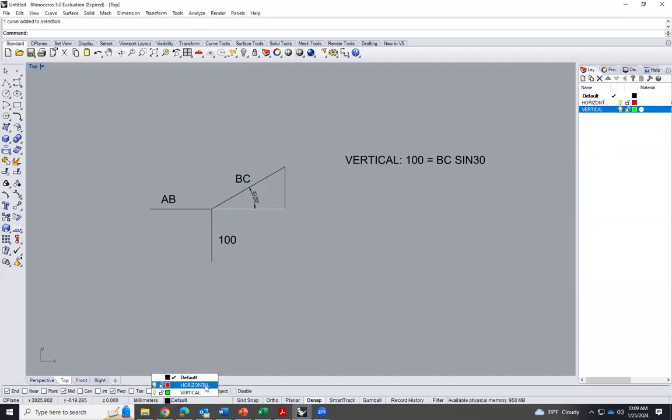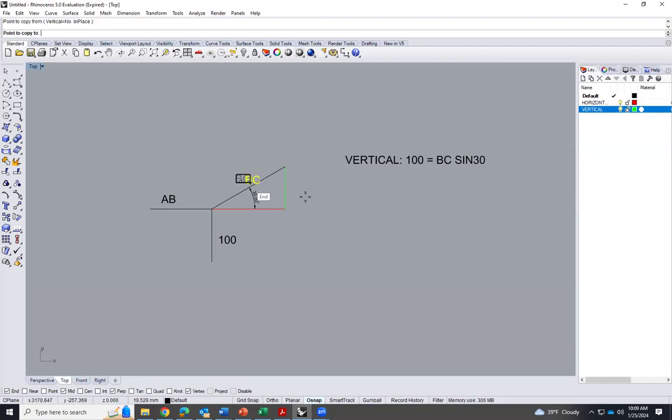That is a red line, and the vertical component is a green line. What is the value of this vertical component? It's BC sine 30. And what's the value of the horizontal component? It's BC cosine 30. Okay, so if 100 goes down, BC sine 30 goes up.